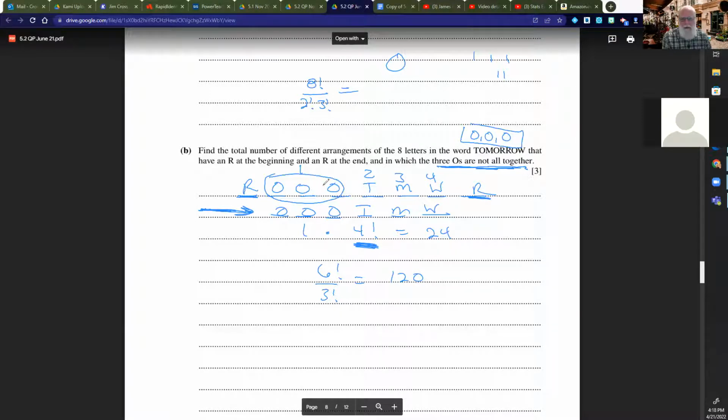What I want to know is how many ways I can do it so all 3 O's are not together. So I take my 120, the total number of ways I can arrange those 6, and take away 24, because in the 24, the 3 O's are together. How many are left over? 96. There are 96 ways where two O's are together or the O's are completely separated.